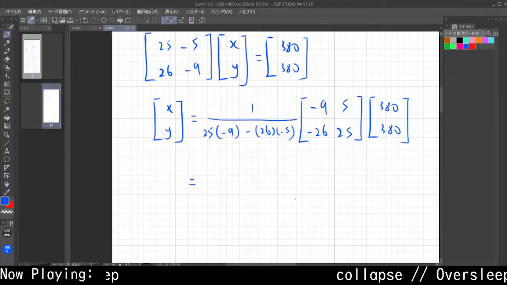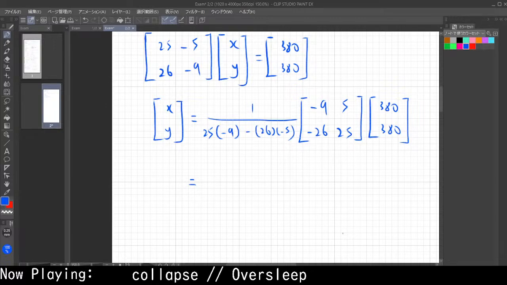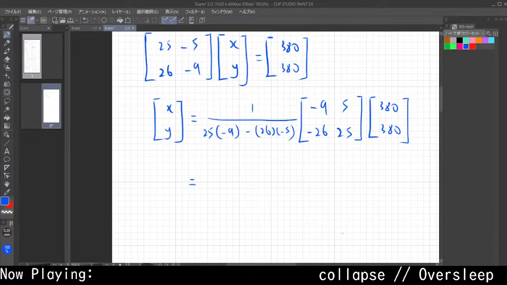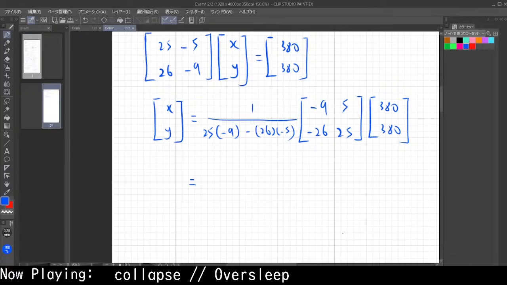The one at the bottom over here, you should be able to get negative 95. Wait, let me just double check. Yeah, you should be able to get negative 95. Yes, it's negative 95.